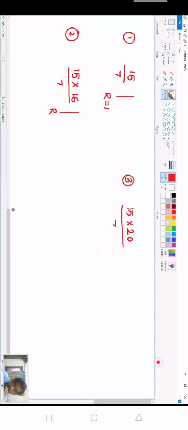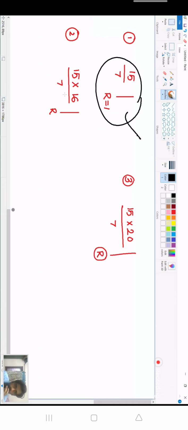Whenever we have a question projected like this, how can we proceed with solving it? This question, everybody is clear: 15 by 7, the answer is going to be 1. But for 15 into 16 divided by 7, what is the remainder?